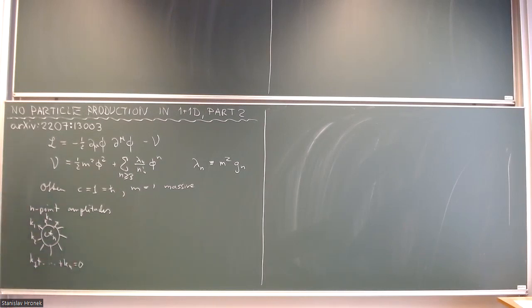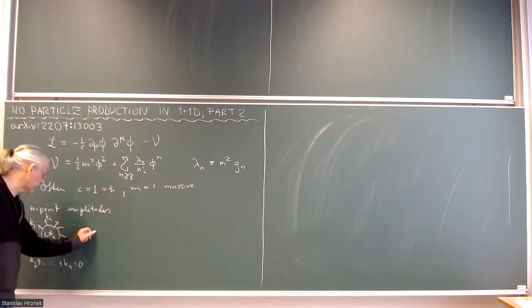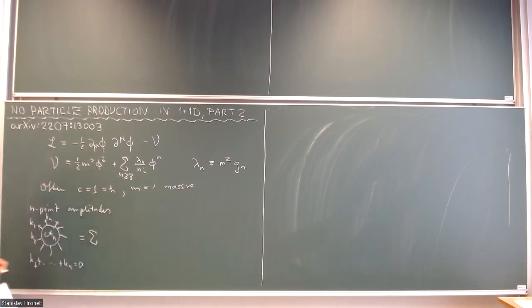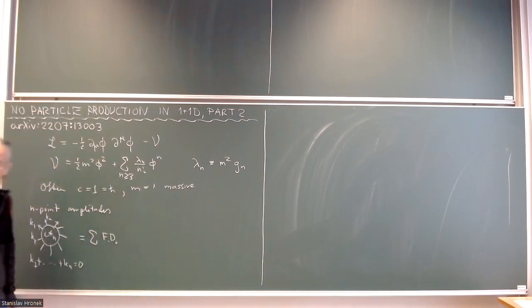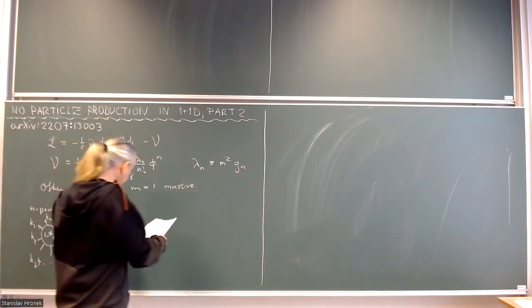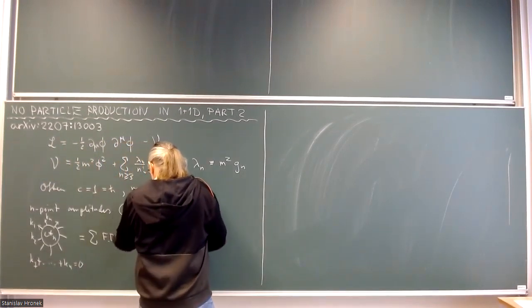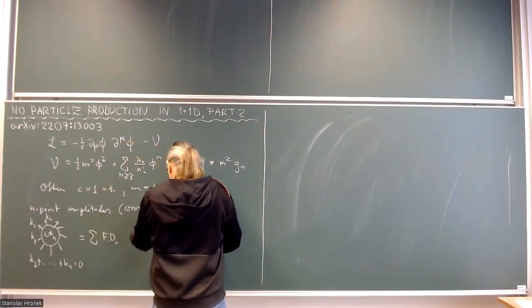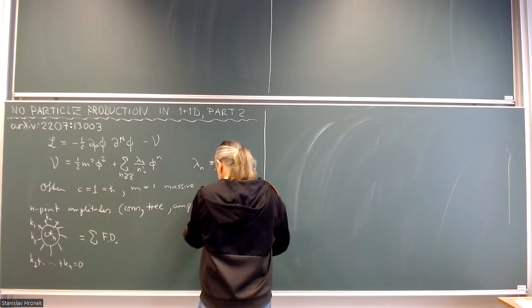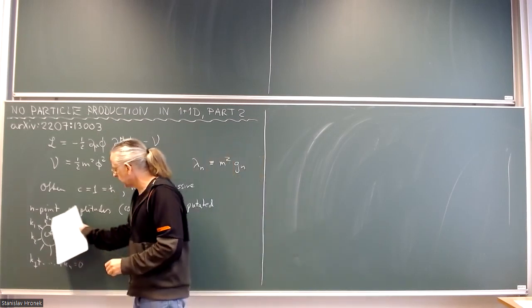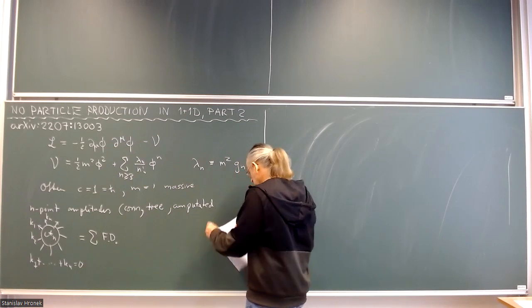This is the amplitude. I didn't really explain much what it was other than give a prescription. We had to do some Feynman diagrams and sum over different Feynman diagrams. The type of Feynman diagrams we talk about are so-called connected tree diagrams, and they are amputated, which means that we don't take the external legs into account.